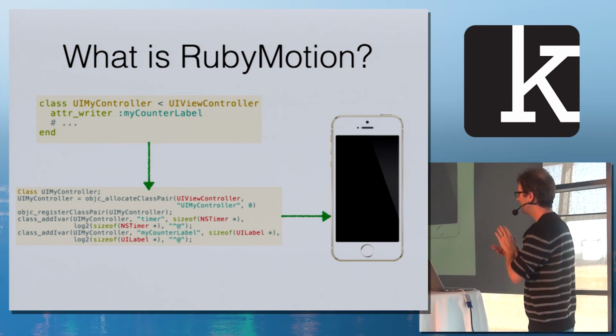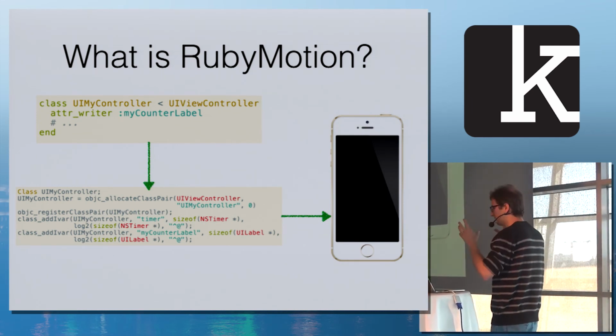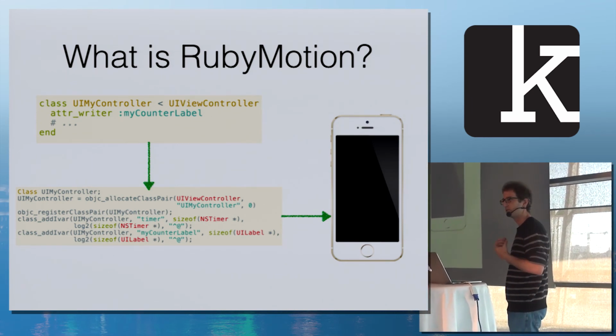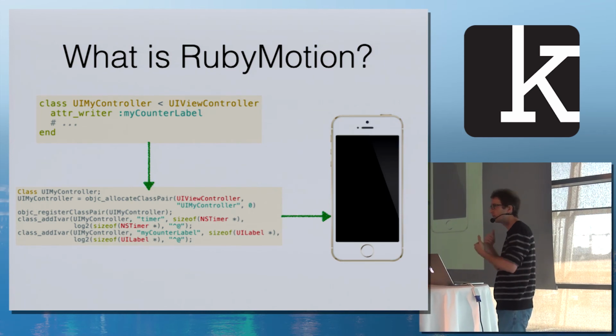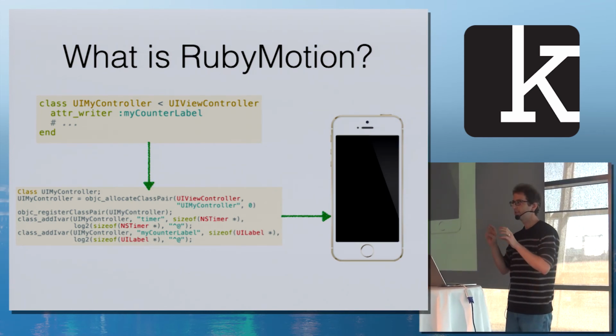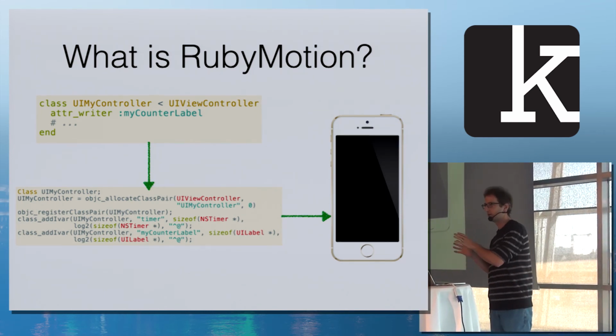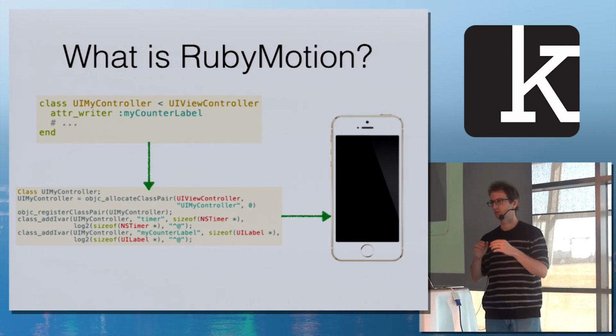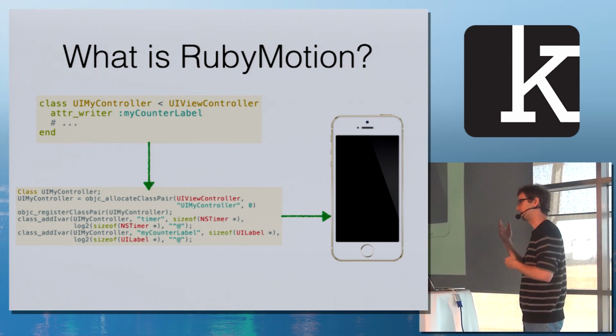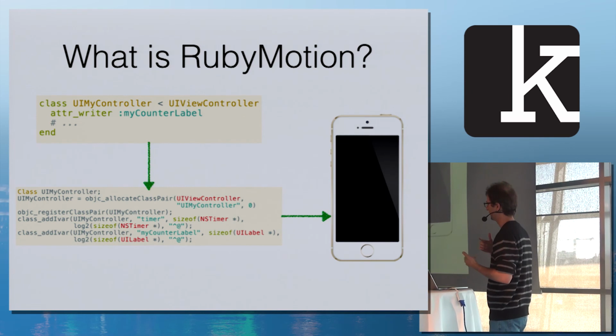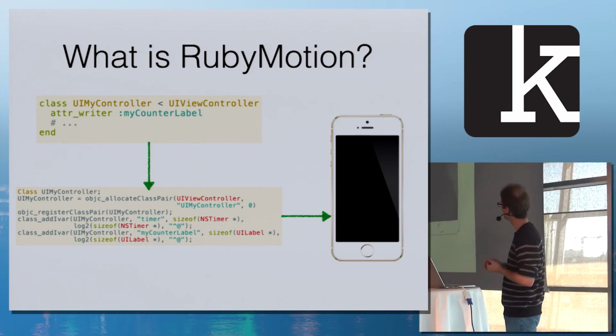So people sometimes are a little confused by RubyMotion because before RubyMotion, there were a lot of other compatibility libraries or frameworks, PhoneGap and Sencha Touch, and they've all changed their names for some reason, so I don't think those are the current names.